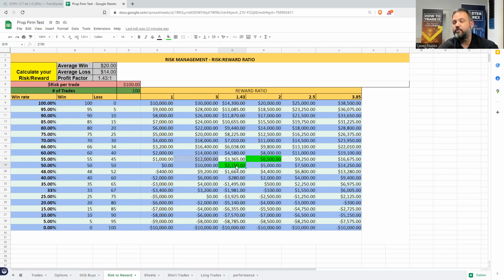Don't take every trade. Build a nice strong case and find the ones that give you the most signals. Because if you can increase your winning percentage from 50% to 60, which really is not that much work, you're going to double your money just because you're taking a better selection of trades. So don't be careless with your trade entries.